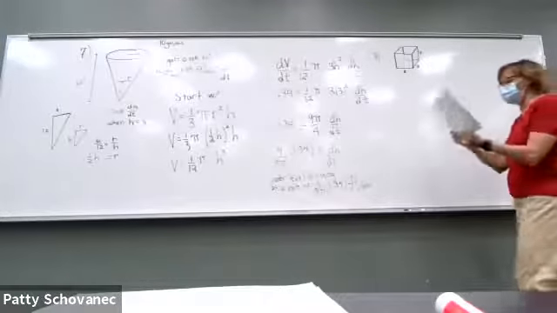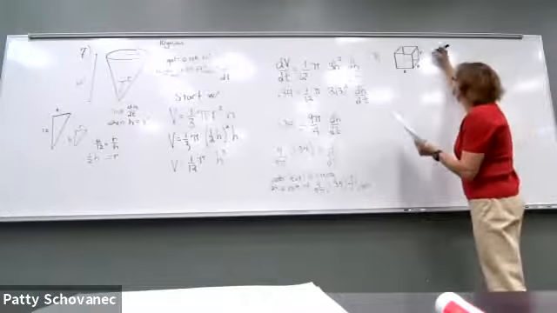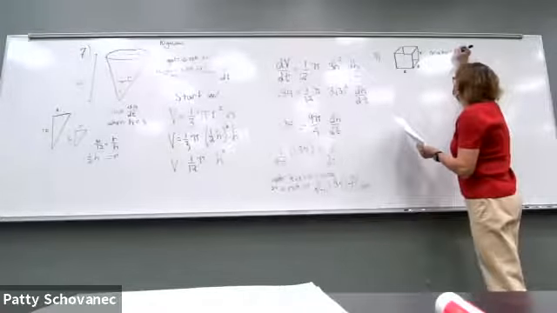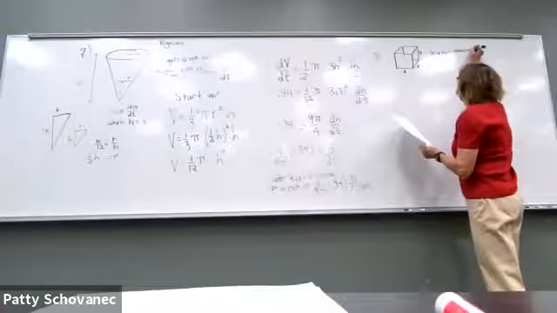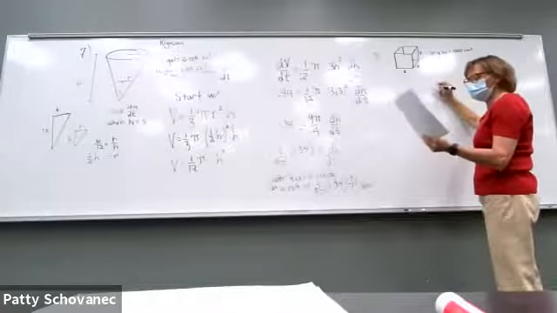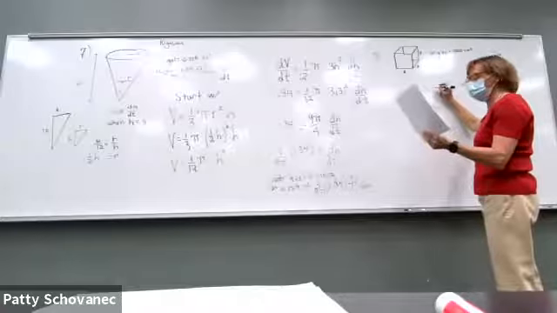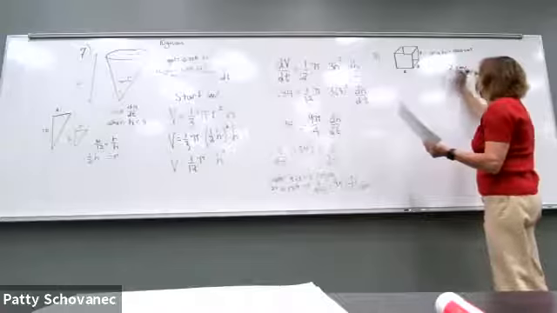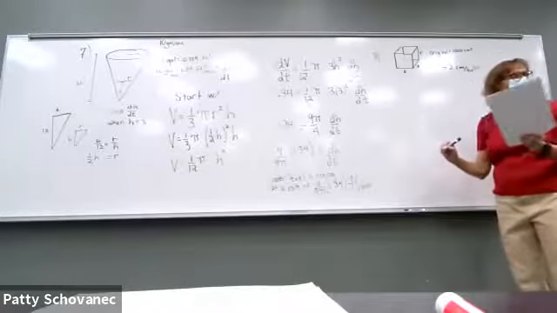Okay, so original volume is 1,000 cubic centimeters. The length of each of its edges is decreasing at 2 centimeters per hour. We can make it negative since it's decreasing.